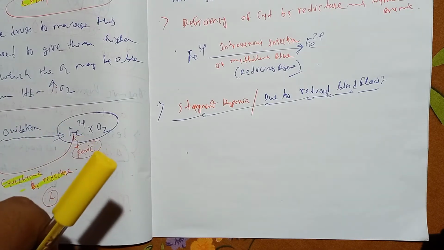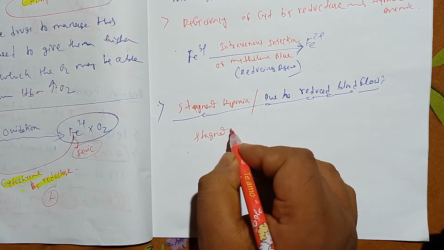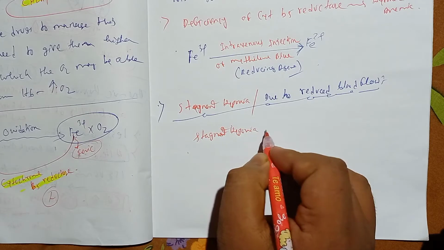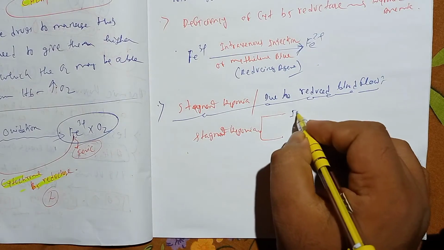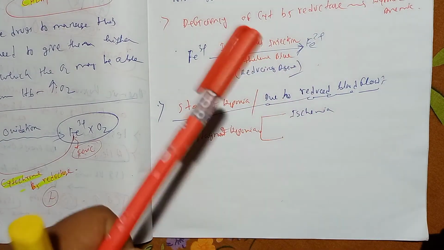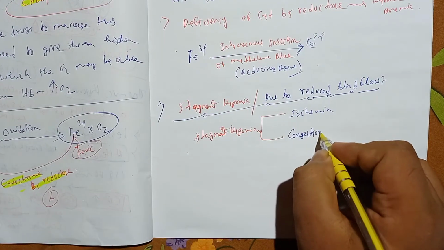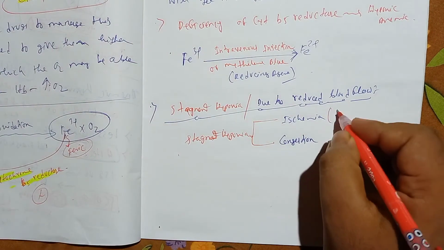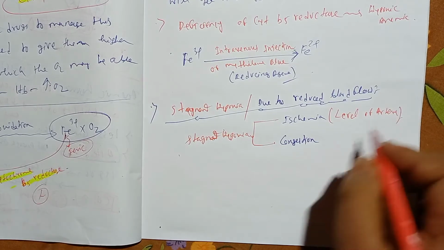Stagnant hypoxia may be of two types. One type is ischemia, and another type is congestion. Ischemia is at the level of the artery. We can see ischemia in case of arterial obstruction.